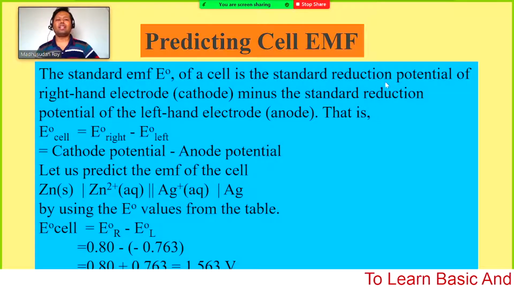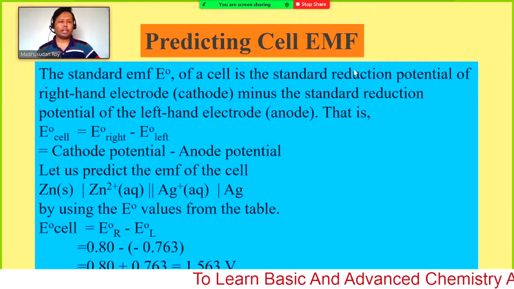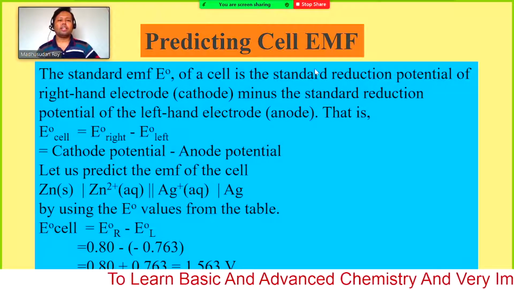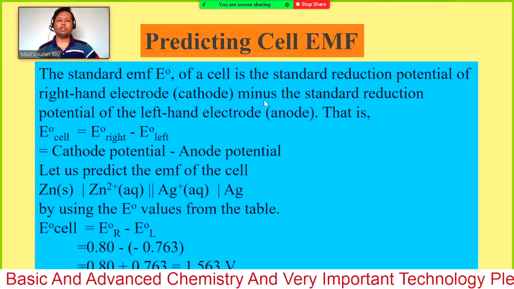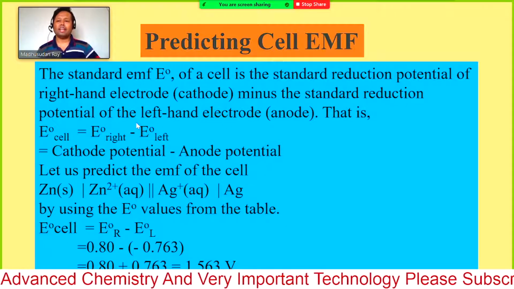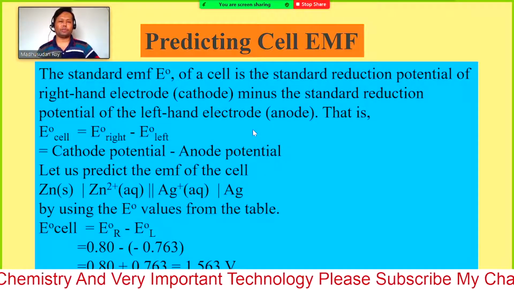is the standard reduction potential of the right hand electrode, the cathode, minus the standard reduction potential of the left hand electrode.